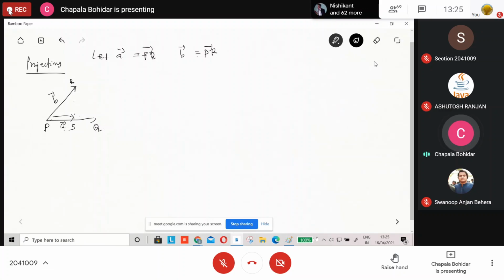A is the vector PQ, B is the vector PR, both having the initial point at P. Draw a perpendicular to PQ; the point is S on the line PQ.